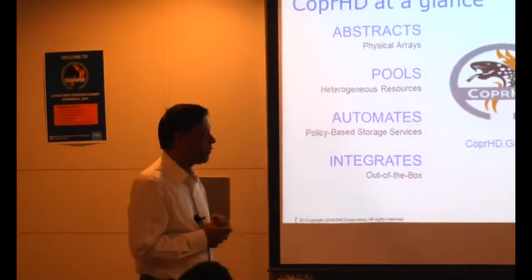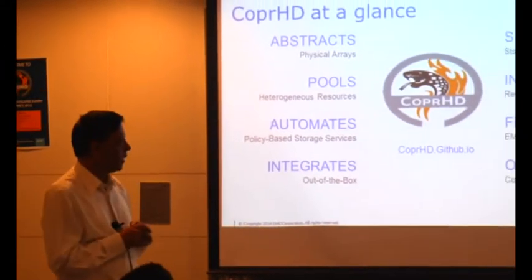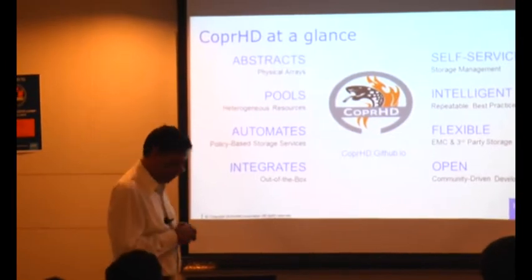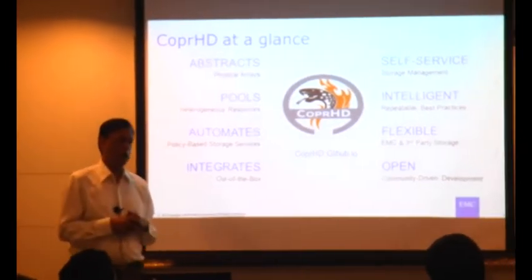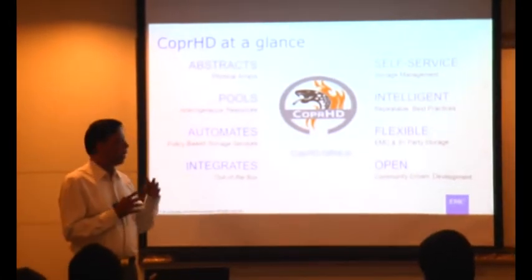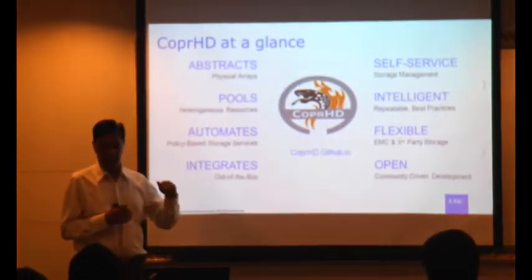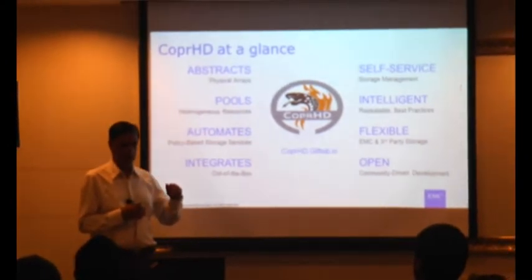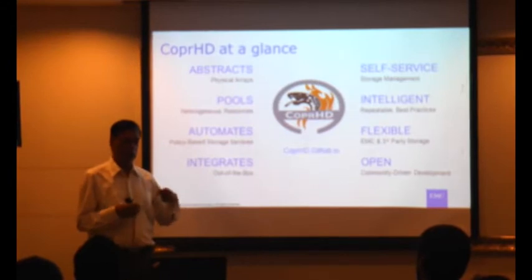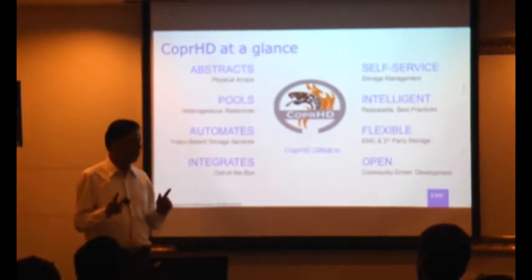Self-service I have already explained: one-click operation. It's intelligent, repeatable best practice. This is very important. Once you do the automation or orchestration, repeatability is very, very important. Repeatability means that when you execute the same operation several times, the result should be the same.